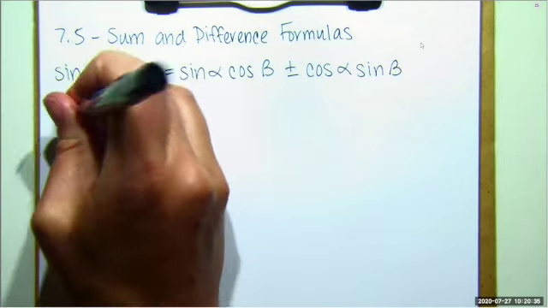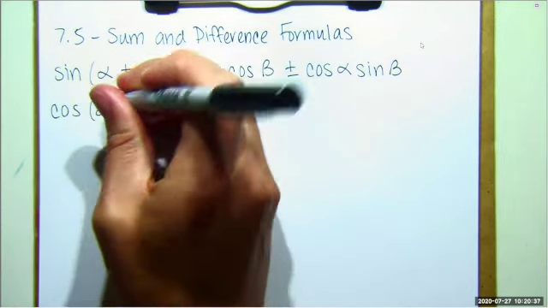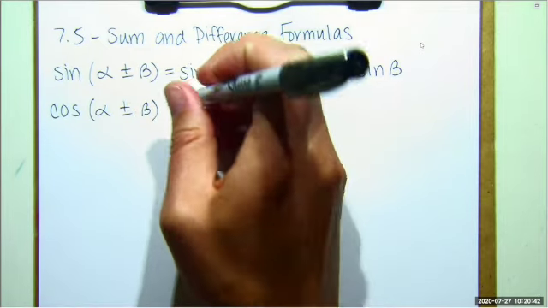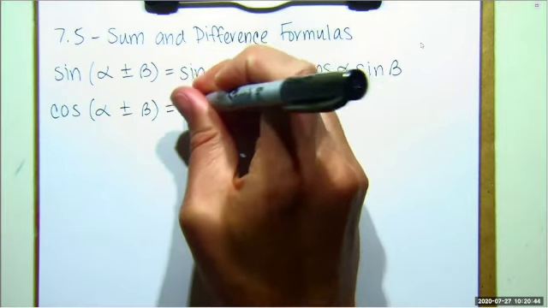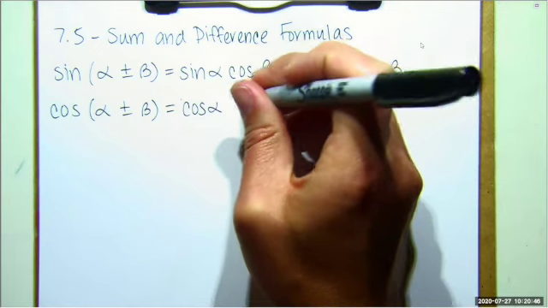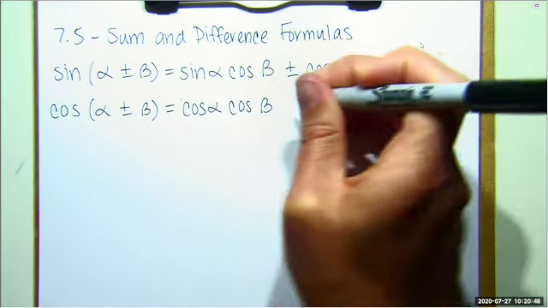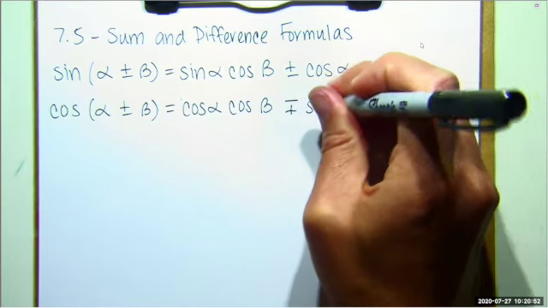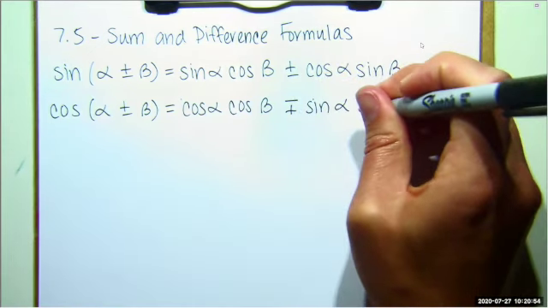The second one, and I'll explain these as soon as we get them all down, is cosine of alpha plus or minus beta is equal to cosine of alpha cosine of beta minus or plus sine of alpha sine of beta.